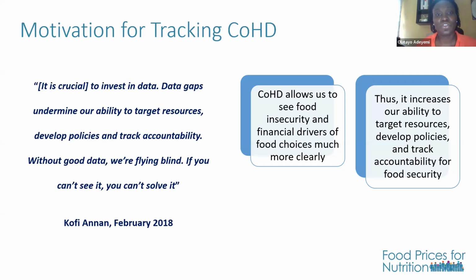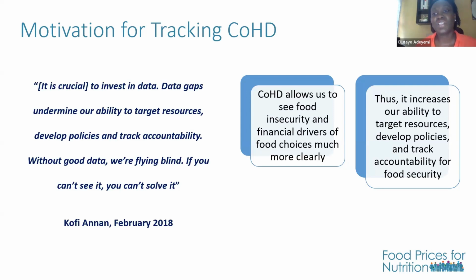And for the Ministry of Agriculture wanting to implement nutrition-sensitive food security, nutrition-sensitive agriculture interventions, the lack of data was a concern. And so when we learned about the CoHD, and I'll talk more about how we learned about it later, we decided to monitor it because it allows us to see food security better and also how financial influences may be affecting food choices.